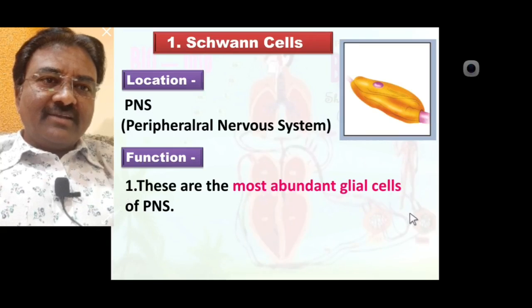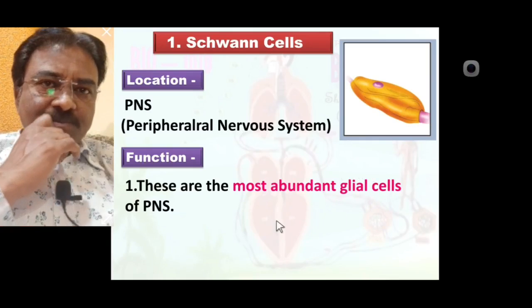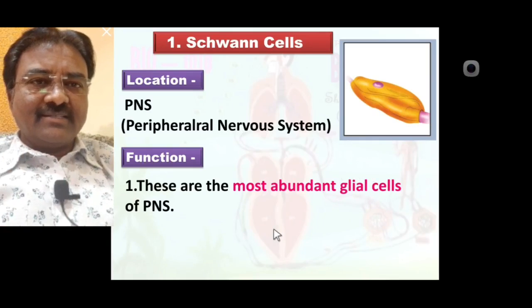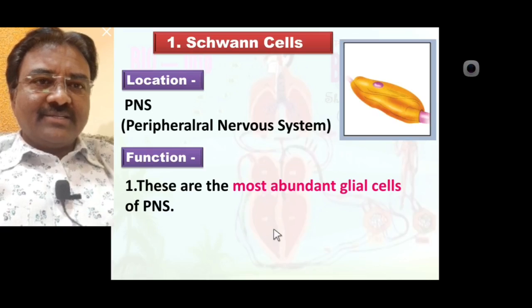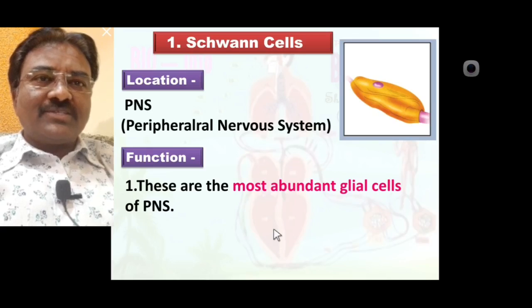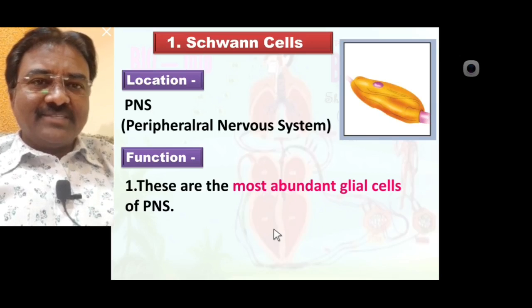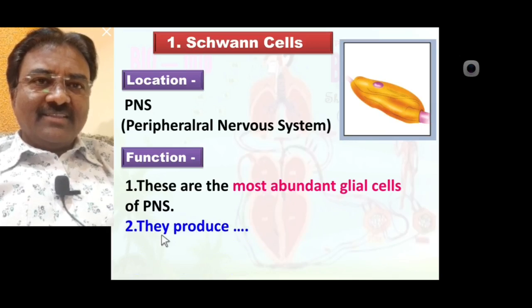Glial cells means neuroglial cells. Such a question is also asked most of the time: which glial or neuroglial cells are most abundant in the PNS? Schwann cells.